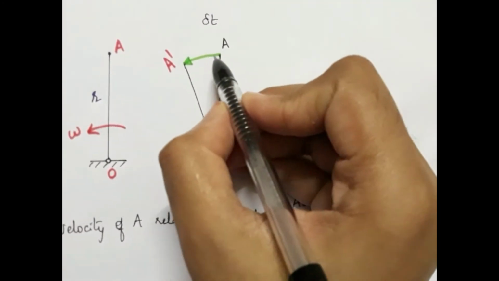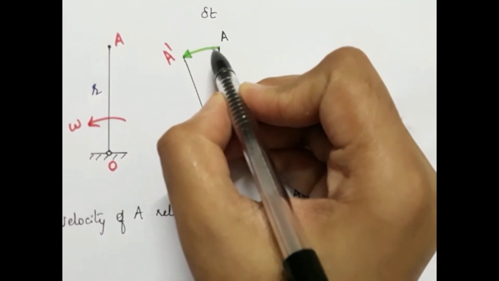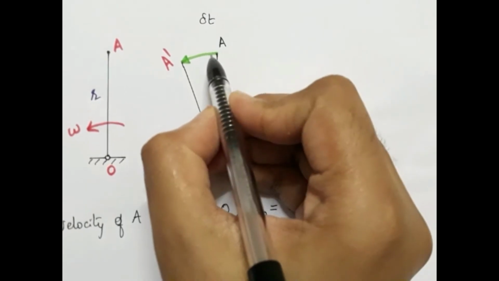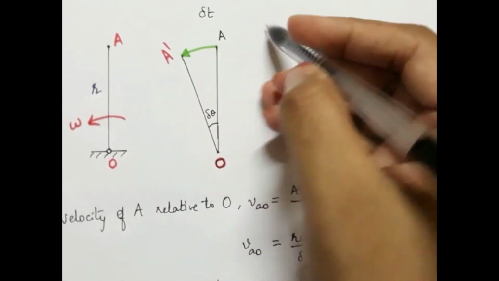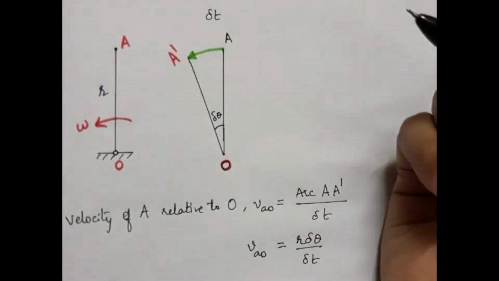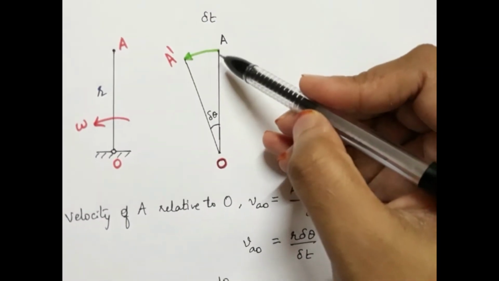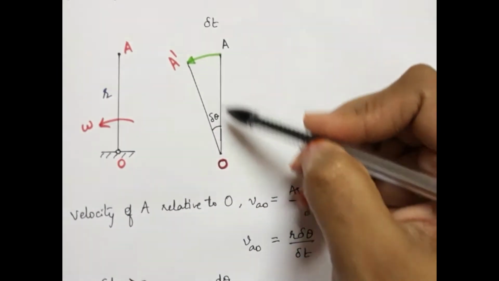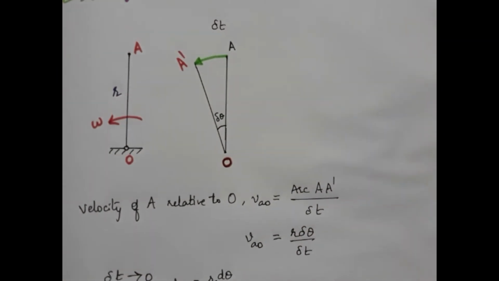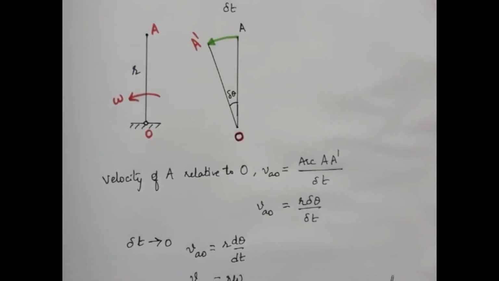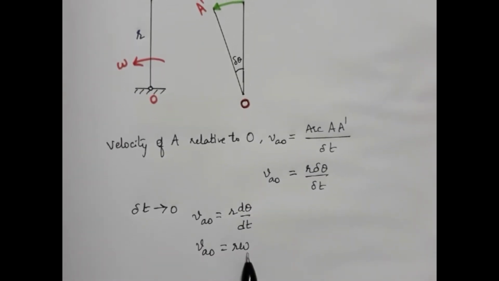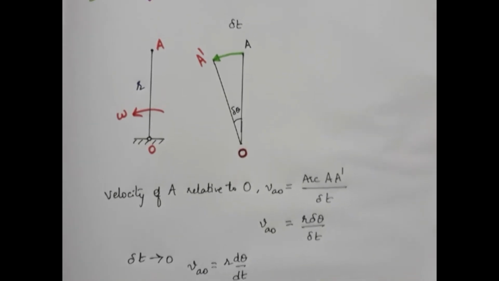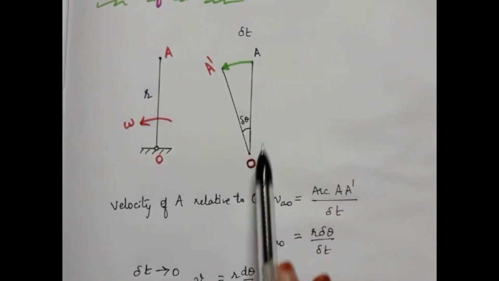A dash will be somewhere very near to A. And the line joining A and A dash can be assumed to be a straight line, and will be perpendicular to the link OA. So therefore, the velocity of A, which is omega r, is perpendicular to the link OA.